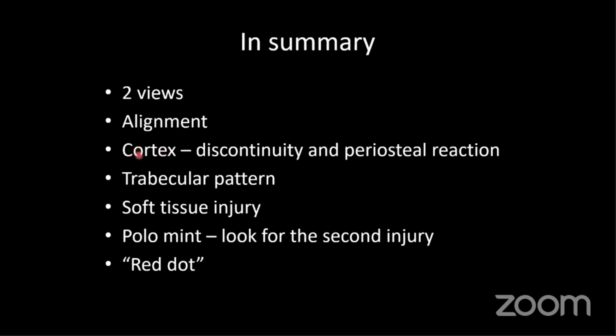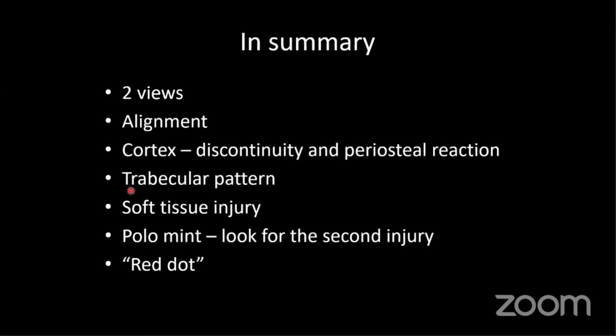And then once you've looked at the cortex, you want to look at the trabecular pattern of the bone, because there are more subtle fractures that can disrupt just the trabecular pattern, but maintain the normal cortical outline you would see on a plain film. And then you can move outwards and look at the soft tissue.